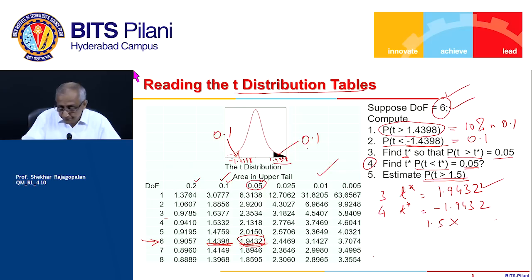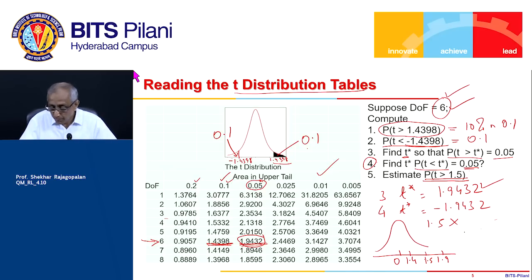Okay, let's draw the picture. I got the picture out here, right? This is 0 and I got 1.4 here. I've got 1.9 here and I need to have 1.5 here, right? So now the point is that probability of t greater than 1.5, that means the area to the right of 1.5, will be greater than the area to the right of 1.9.